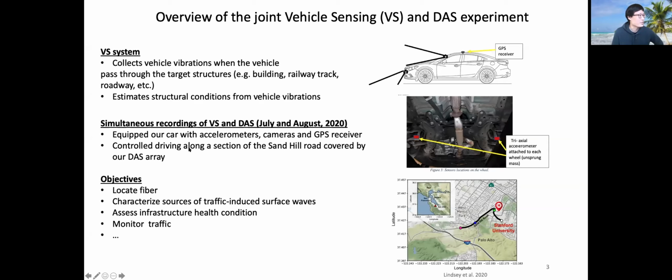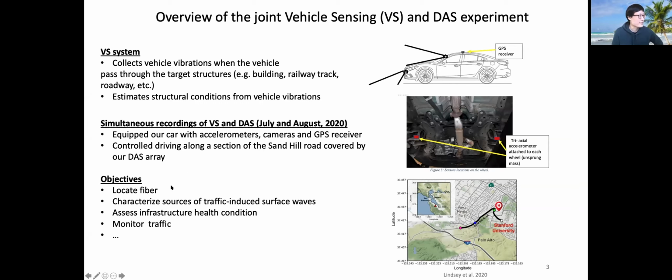And we perform controlled driving along the section of Sand Hill Road covered by our Stanford DAS array. The geometry of our DAS2 array is shown in the bottom right. And this is Stanford University, and the black is our DAS array along Sand Hill Road. It is around 3 kilometers long.